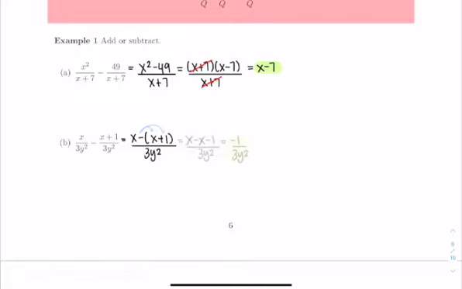And then we need to distribute the negative to both pieces. So we have x minus x minus 1 all over 3y squared, but our x's are going to cancel, and we're left with negative 1 over 3y squared.